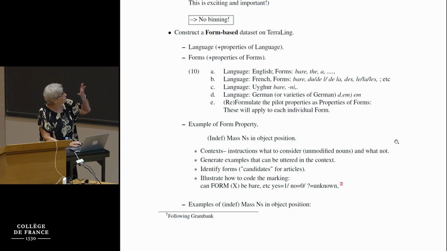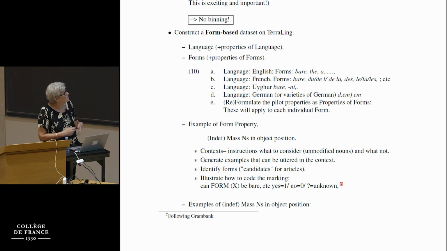Then we have French. We have a language like Uyghur, a Turkic language, where we have bare and ni, which is basically a differential object marker, and maybe some other case markers like the genitive, which make a distinction between definite interpretations and indefinite interpretations.